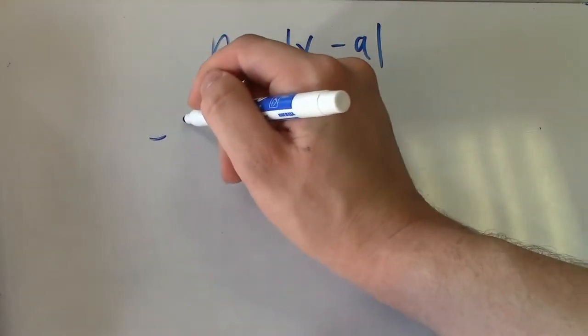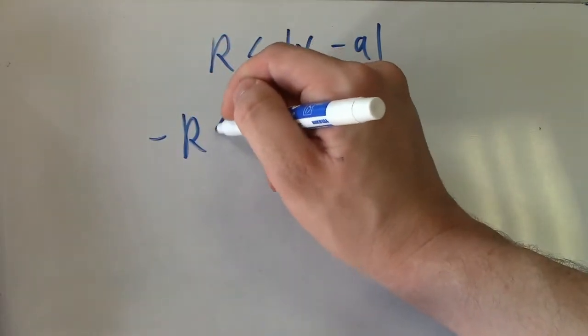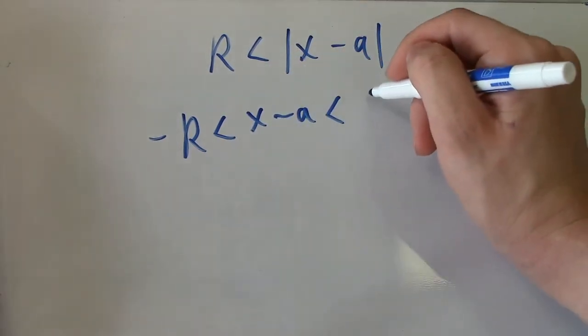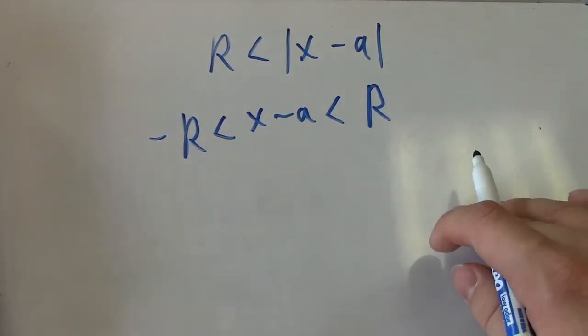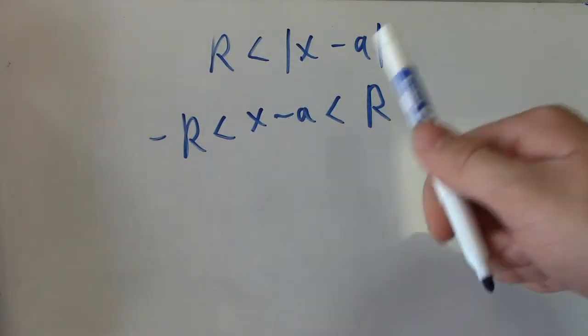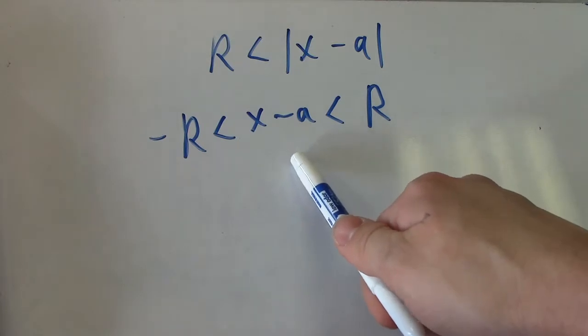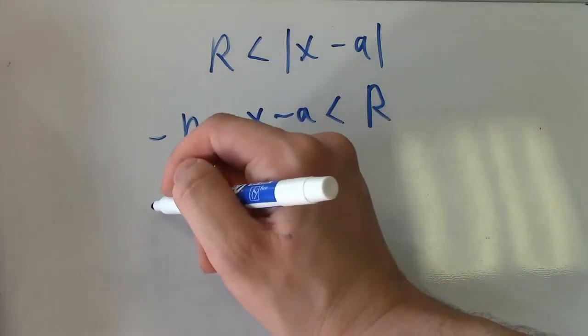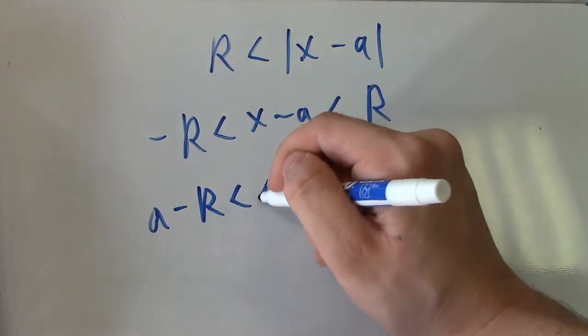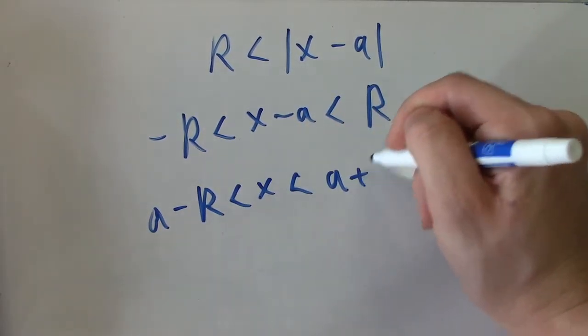We can do that by showing that the negative radius of convergence is less than x minus a, which in turn is less than the positive radius of convergence. Because we want to find the interval for x, we need to get x alone, so we add a to all three sides. That leaves us with the interval a minus r to a plus r.